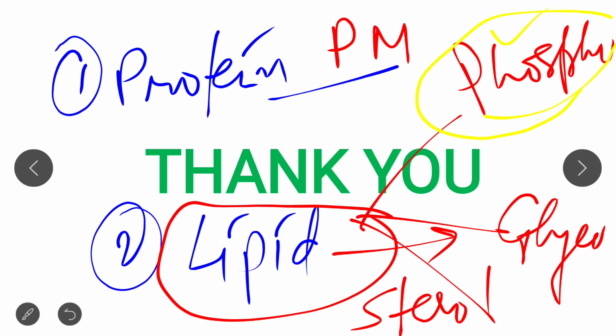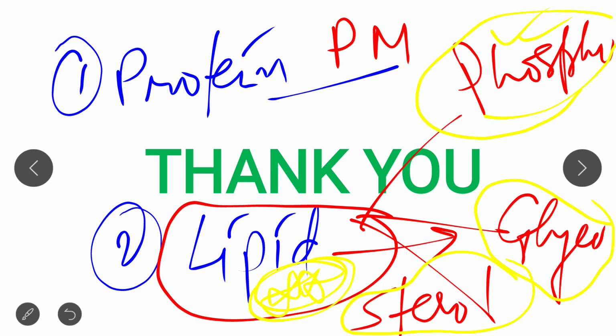So today we are going to discuss briefly glycolipids and sterol, and with this we are going to complete the lipid portion of the plasma membrane, which is very important from the examination point of view. From tomorrow we are going to cover the protein portion of the plasma membrane.